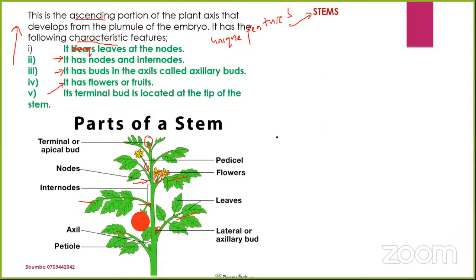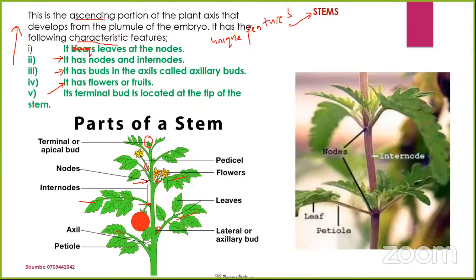If you have ever seen a plant, sometimes these pictures may not bring it out well, so now check this picture of a real plant. Between where some leaves are and another is what we call an internode, and where leaves arise from is where we have the nodes.